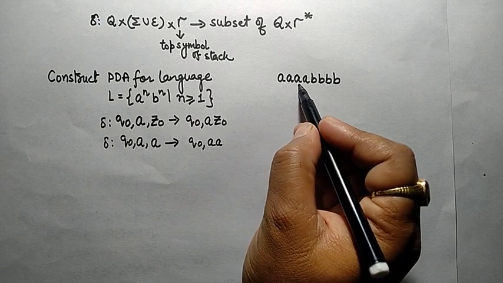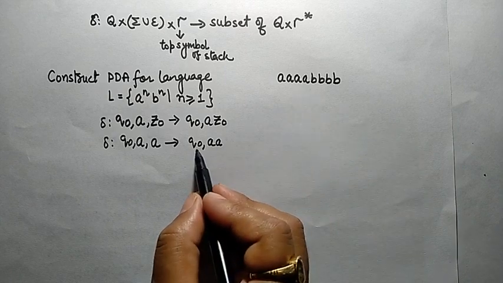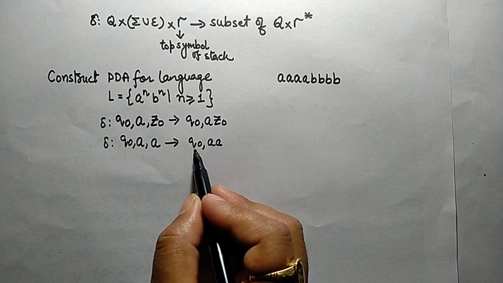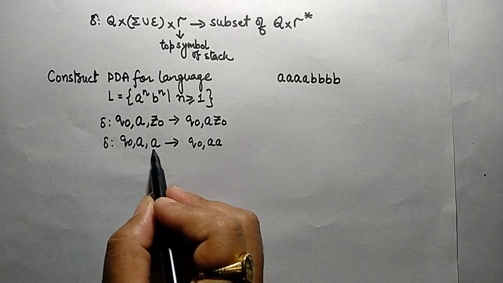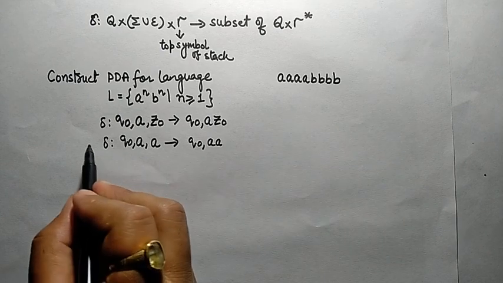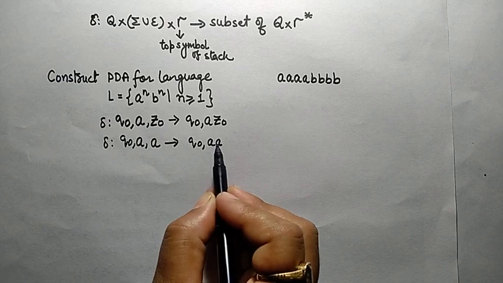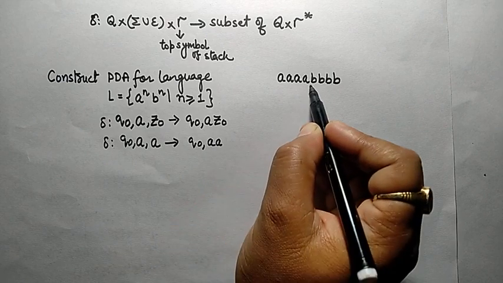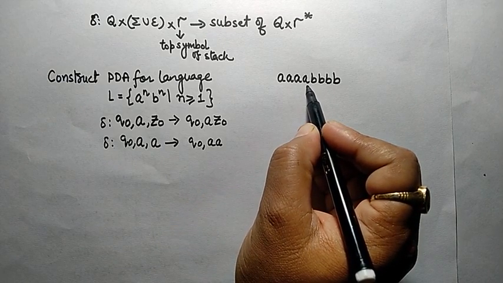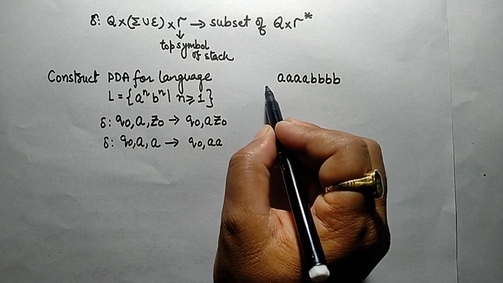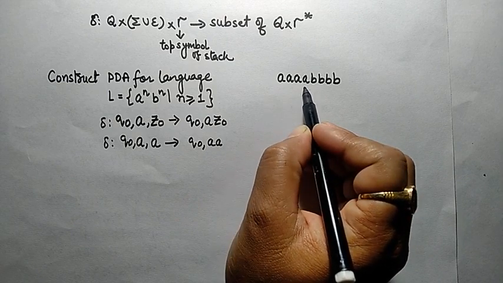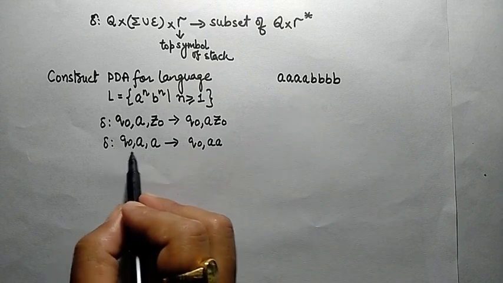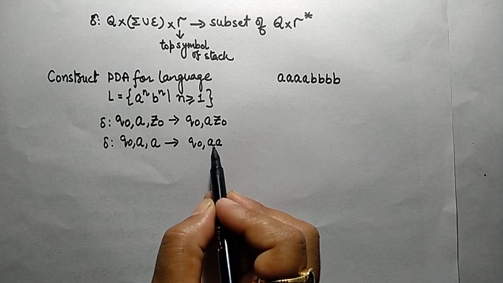Now when the third A comes, the state is Q0 and the top is A also. So for the third A, we need not write the transition function again. The same is with the fourth A. When only A's are coming in a string, they all will be pushed into the stack by this rule.